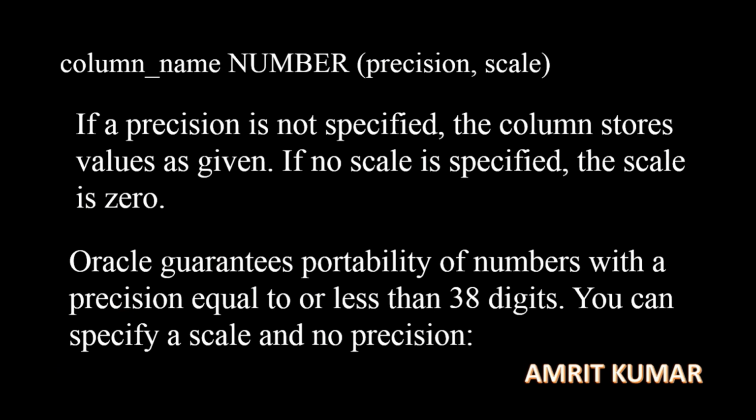Oracle guarantees portability of a number with a precision equal to or less than 38 digits. As we have talked about the number data type, it can accept up to 38 digits of precise value. What does it mean? It means 38 nines before the decimal.